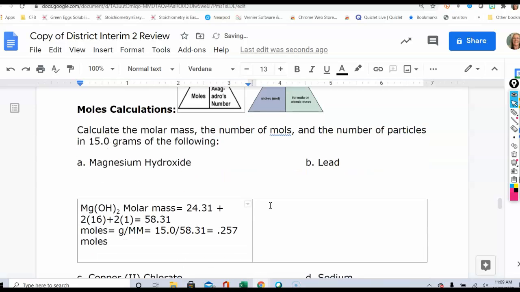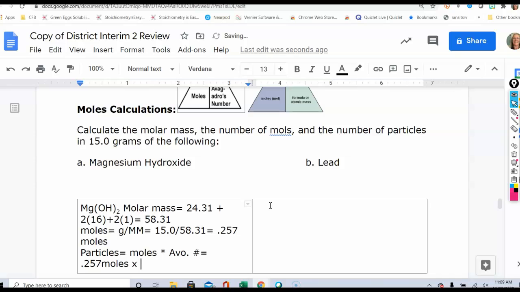And then I'm going to calculate the number of particles. The particles are the same as saying formula units or molecules. So particles are equal to moles times Avogadro's number. So I have 0.257 moles, and I'm going to multiply that by Avogadro's number, 6.02 times 10 raised to the 23rd.